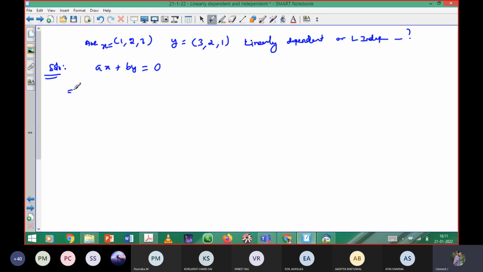After this, we can write it in a more formal way: a times (1, 2, 3) plus b times (3, 2, 1) equal to. Can you guess the right hand side values?